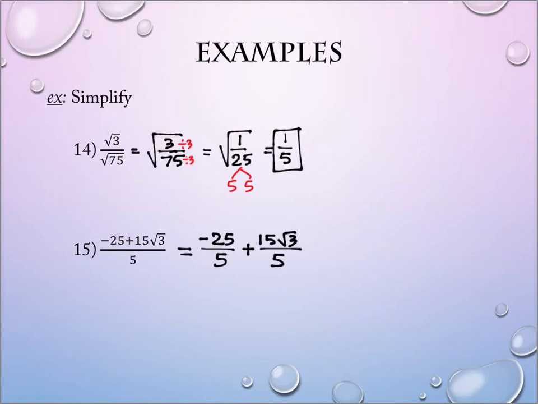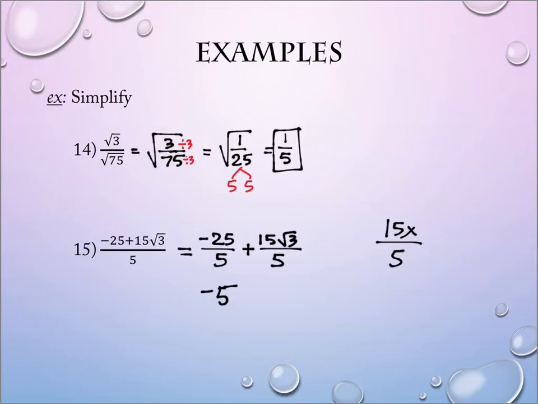So what is negative 25 divided by 5? Negative 5. Yeah, that one's negative 5. And then I've got the 15 square root of 3 divided by 5. So again, I recognize that there's a square root of 3 on top, but it's actually two pieces being multiplied on top. It's almost like having 15x over 5, sorry. If you had 15x divided by 5, what would it be? 3x, right?